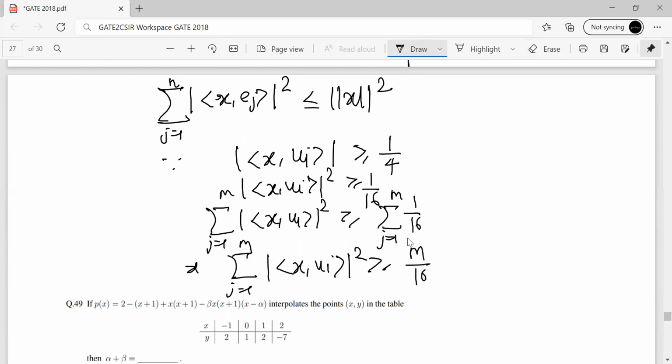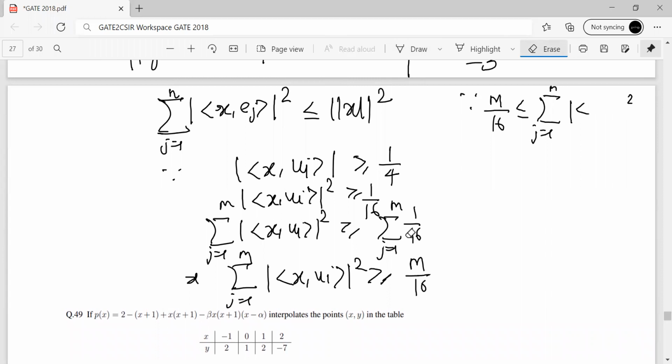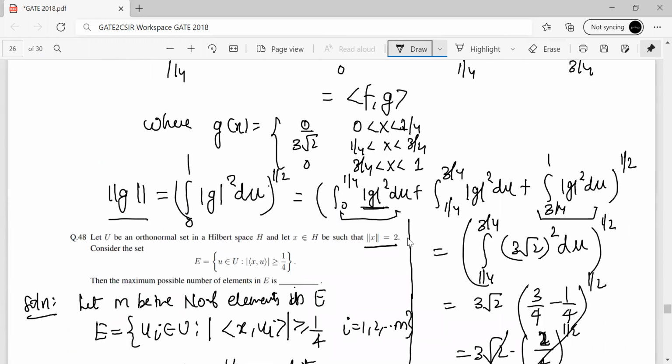Okay, now just notice, rewriting this inequality in the reverse manner, this will be summation j equal to 1 to M of mod of inner product of x comma ui, whole square, but we know that this quantity is less than or equal to norm of x square, but we are given that norm of x is 2.